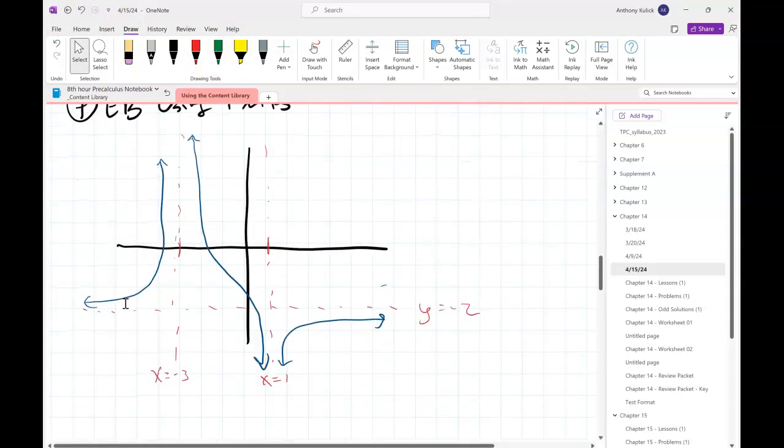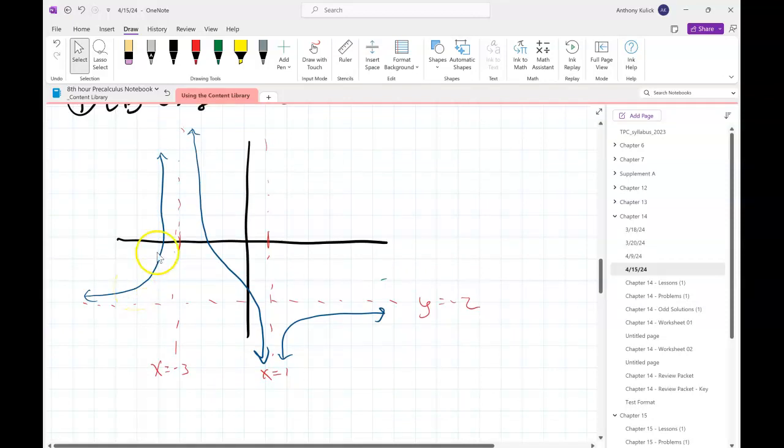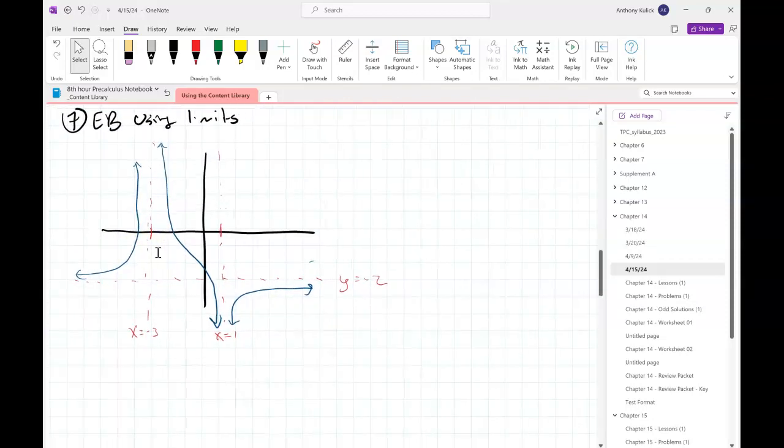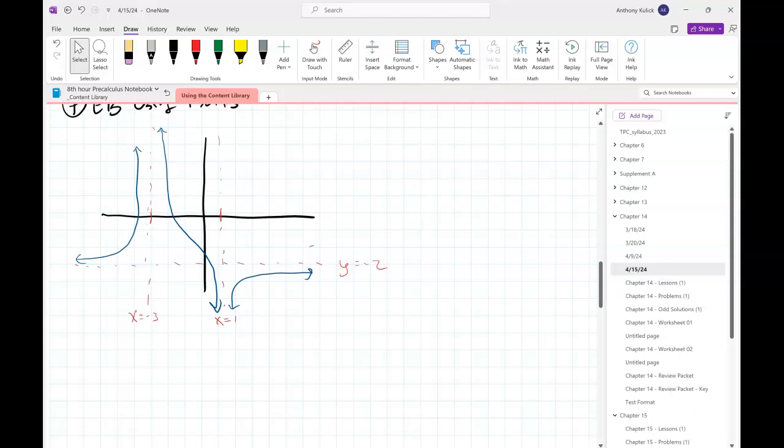Okay, next thing on my list says you should be able to write the end behaviors for a graph using proper limit notation. So I'd give you a graph, kind of looks maybe something like this. My first question is, you look at this graph, how many end behaviors do you see? More than 3.